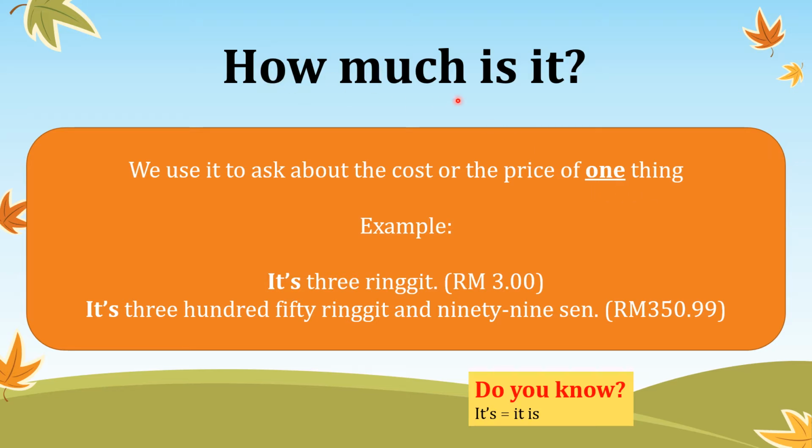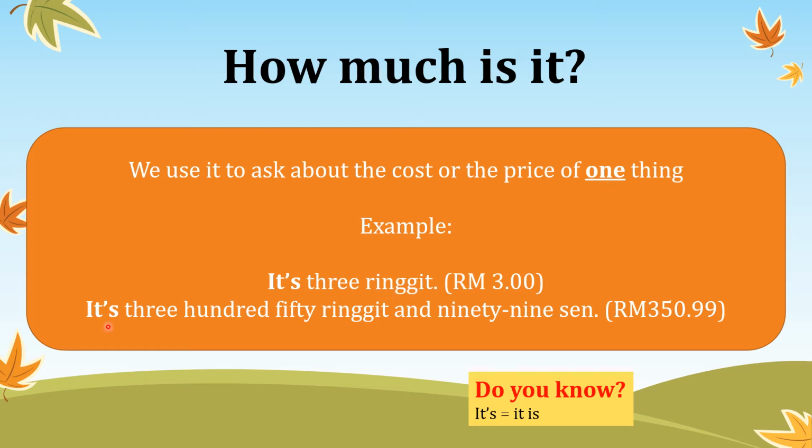So we use how much is it for one thing. Kena ingat benda tu bila kita akan guna how much is it untuk satu benda. Satu benda sahaja. So, how to answer the question? It's 3 ringgit. So, kita akan jawab it's 3 ringgit.